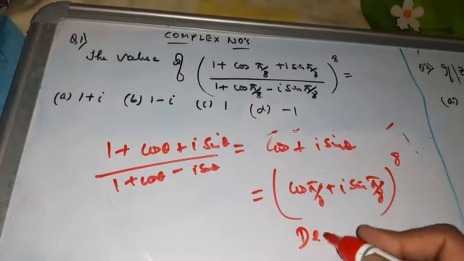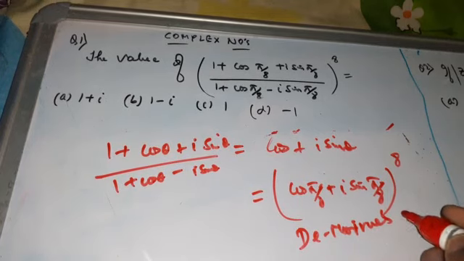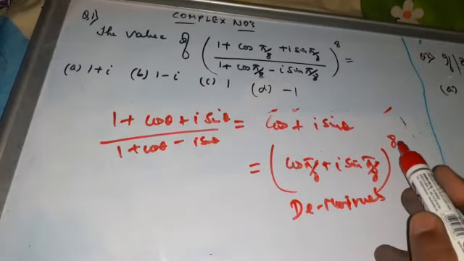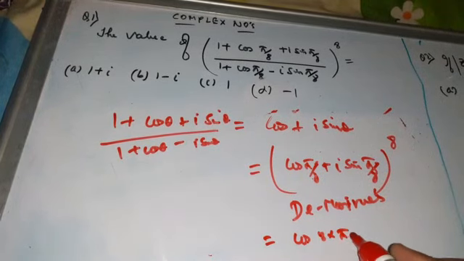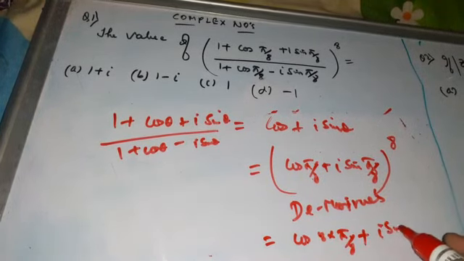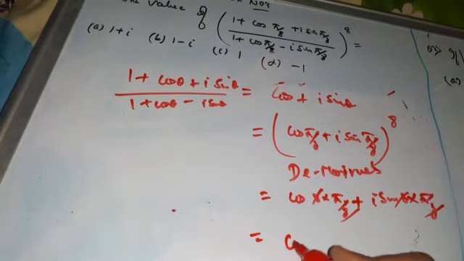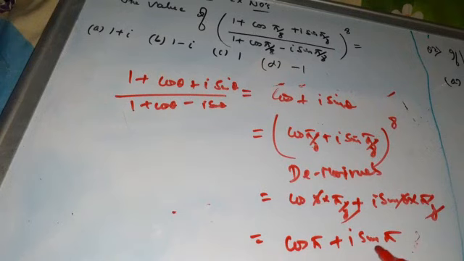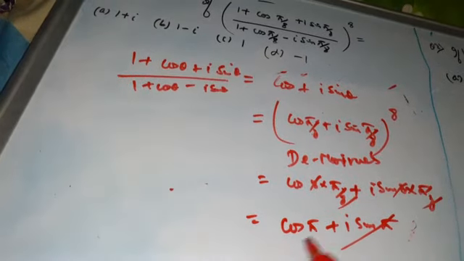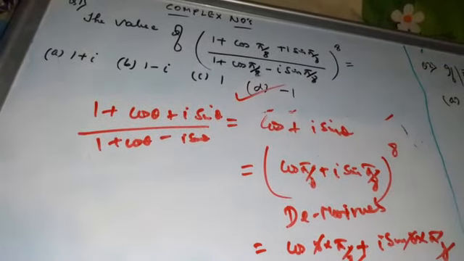Again using de Moivre's theorem, the power is multiplied with the argument: cos(8 × π/8) + i sin(8 × π/8). The 8 cancels out, and what remains is cos π + i sin π. You know that sin π is 0 and cos π is −1. So the answer to this question is option D, −1.